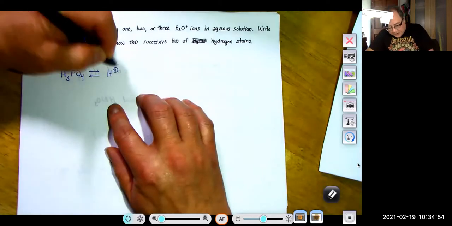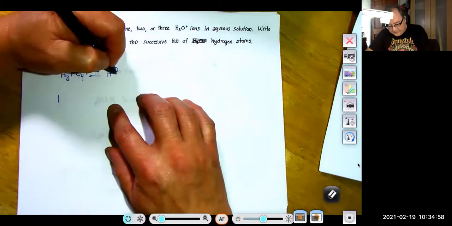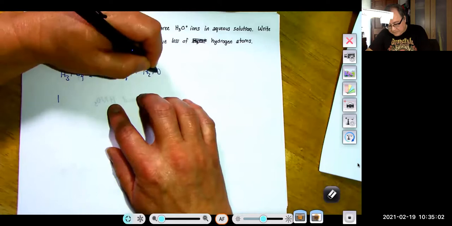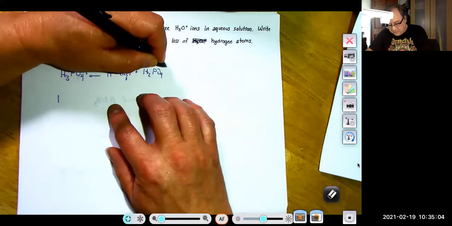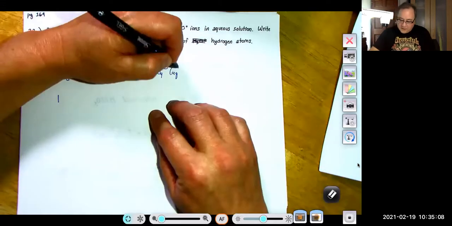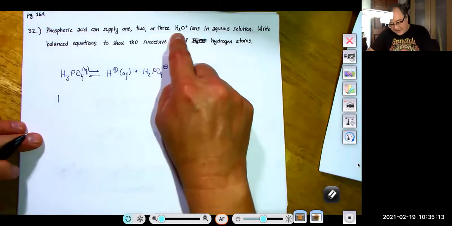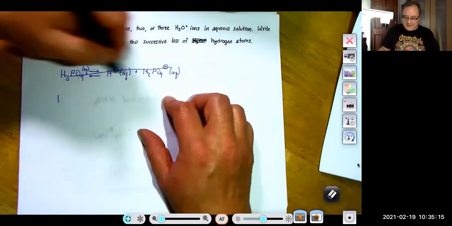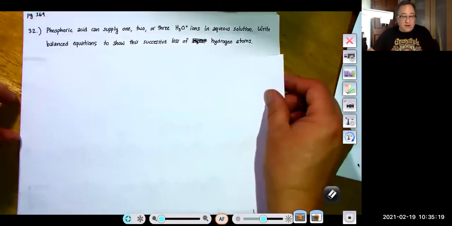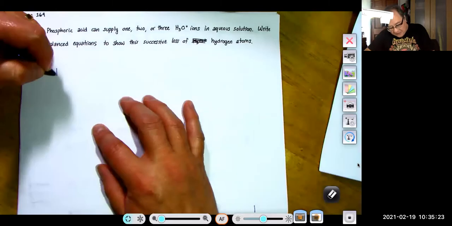And here I'm actually going to put AQ here. So here I'm showing how it supplies. Oh, actually it says H3O pluses. Can't do this. If I want to show H3O plus, I have to show it reacting with water. Darn it. That's a lot of writing.